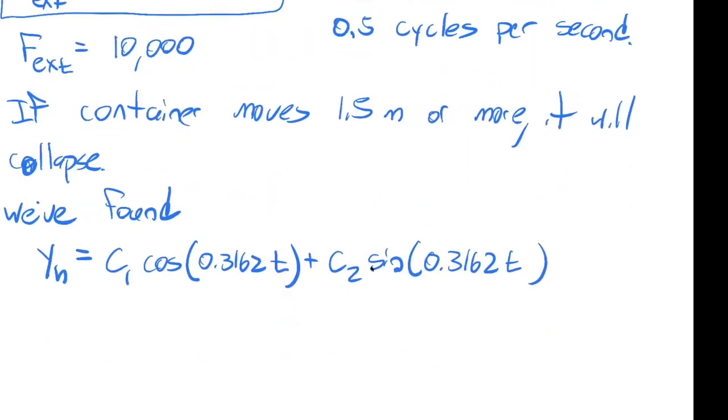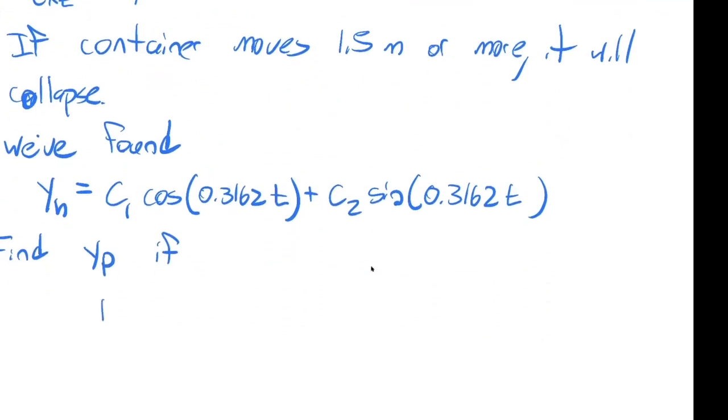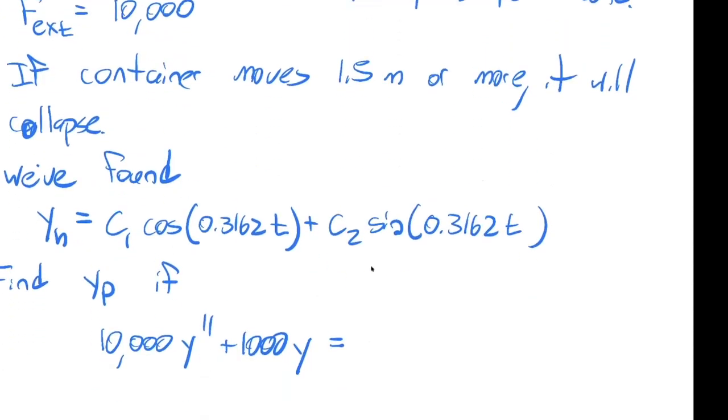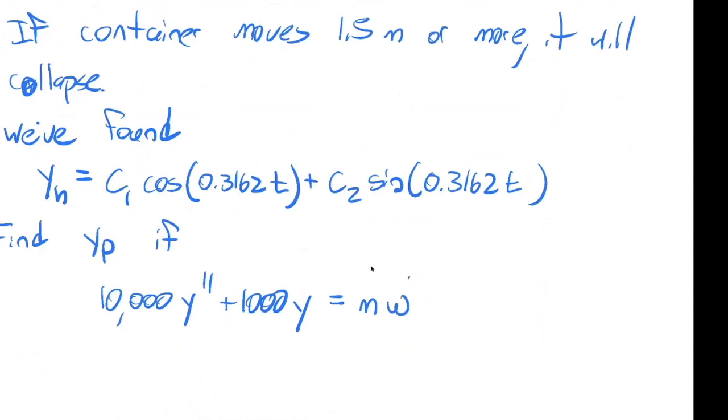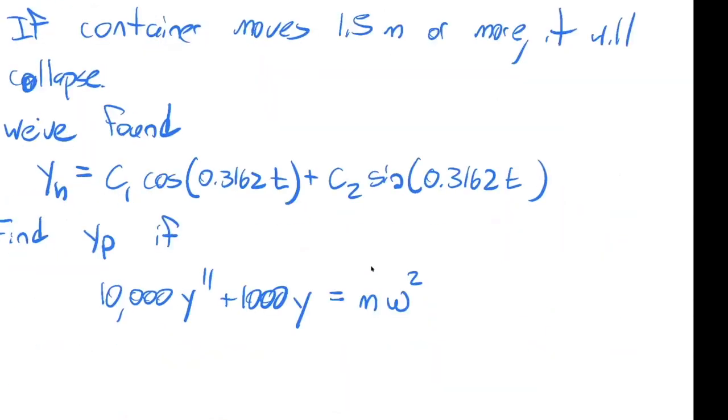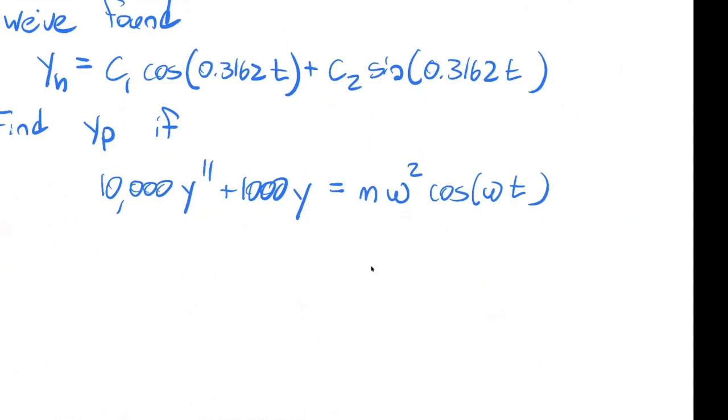And so we want to find the particular solution if we have a forcing function, which was m omega squared cosine of omega t.